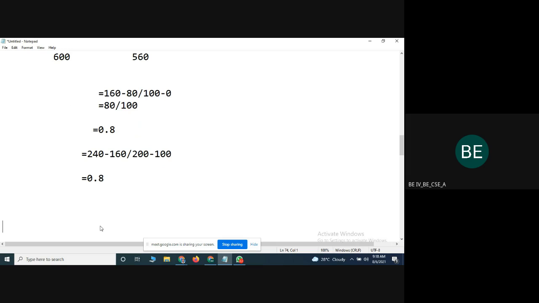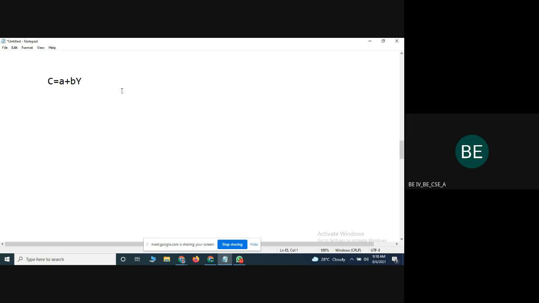From this, they define the consumption function: C equals A plus B Y. Suppose you know the person's income and you want to know the consumption expenditure, simply apply that formula.